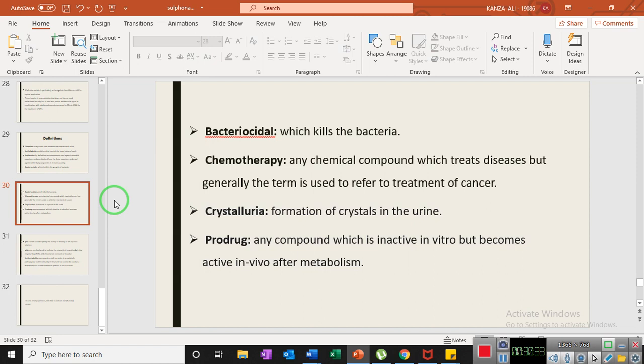Now you know that when we start the medicinal chemistry, generally we start with the SAR and the effect of the different parameters on the SAR or biological activity, physical parameters such as temperature, pH, pK.